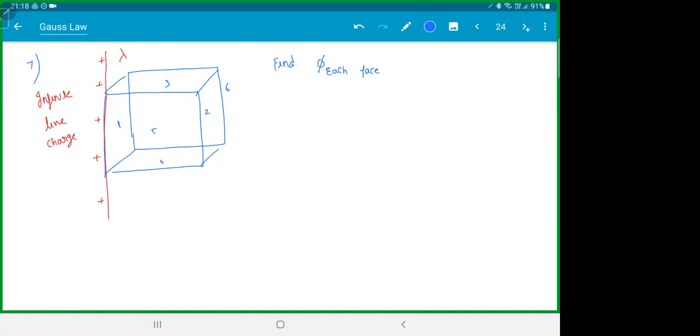So we have an infinite line charge passing through one side. How do you do this?